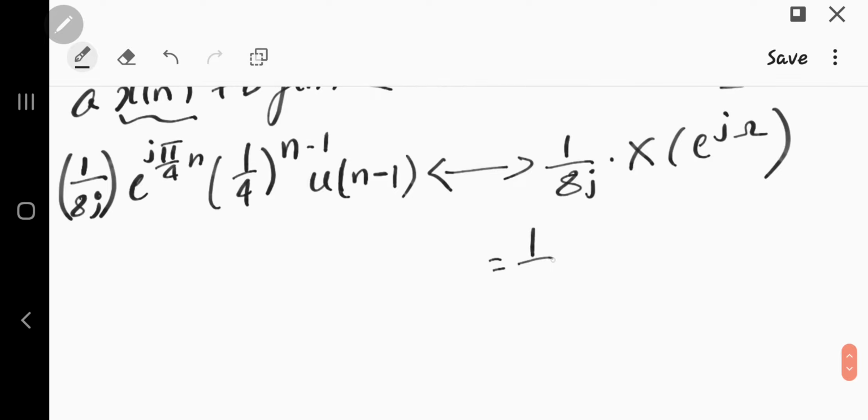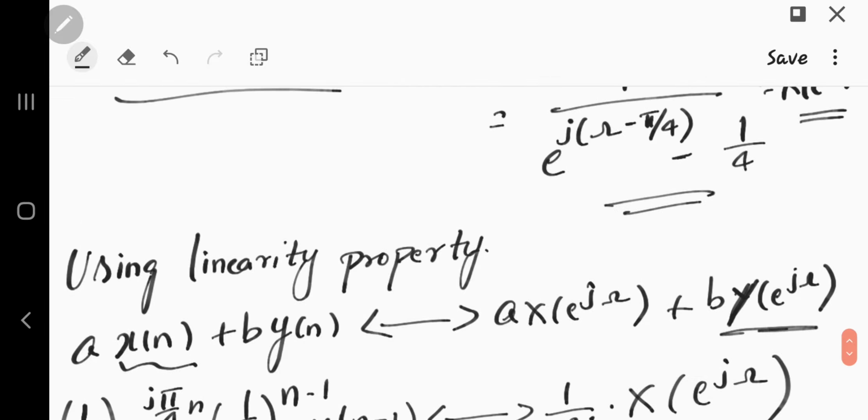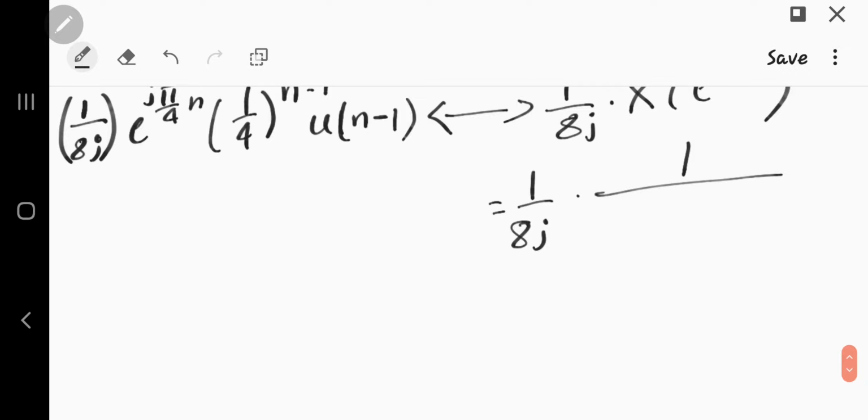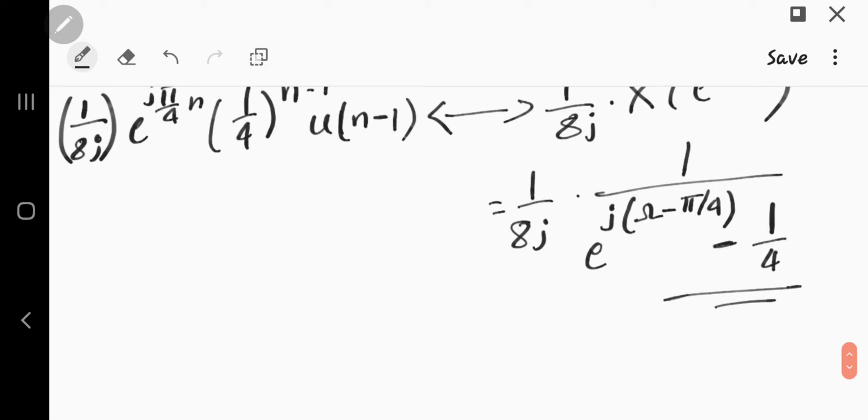That means 1/8j should be multiplied with X(e^jω), which is this value, into 1 divided by e^j(ω−π/4) minus 1/4.